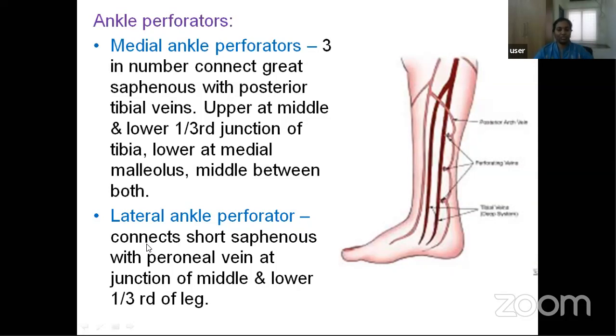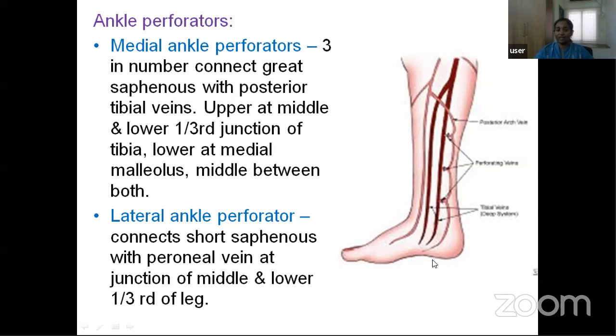Now we should know the position of these perforators. When we come to the medial ankle perforators, I am showing you their position. The whole of the leg, the lower part, is divided into 3 divisions. From the level of the medial malleolus till the level of the knee, we can divide it into 3 parts: the lower part, the middle part, and the upper part.